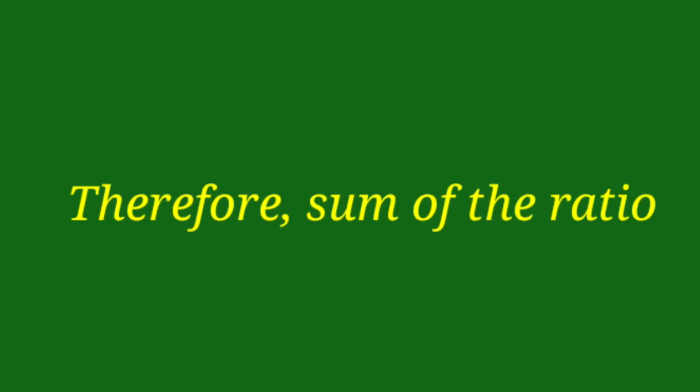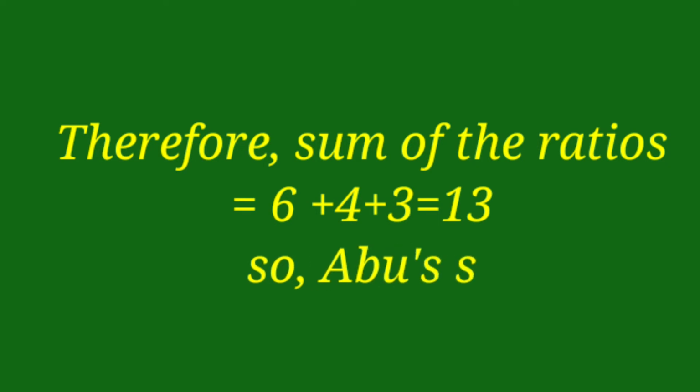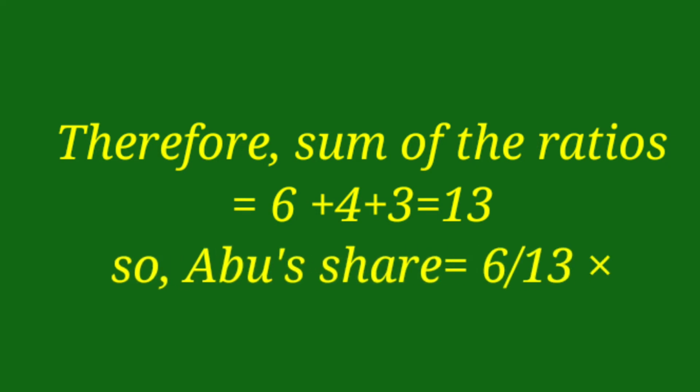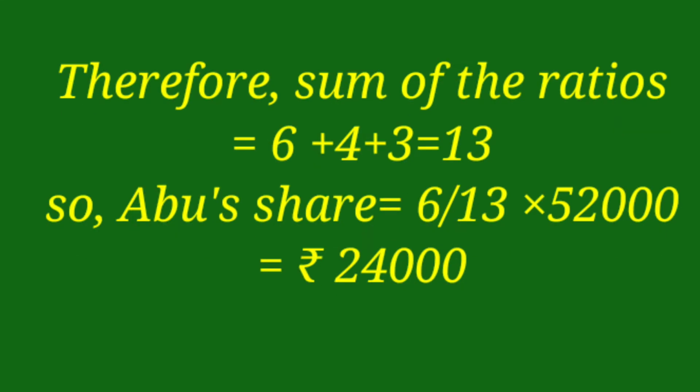Now the sum of the ratios equals 6 plus 4 plus 3 equals 13. So what does Abu get? Abu's share is 6/13 into 52,000 rupees.